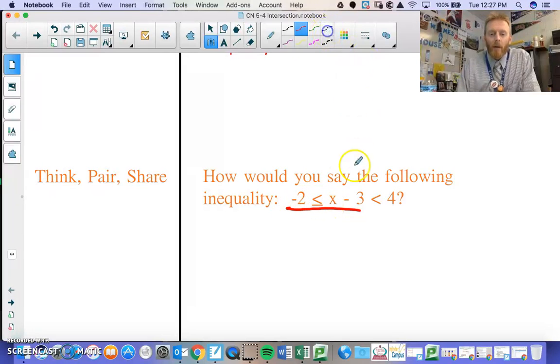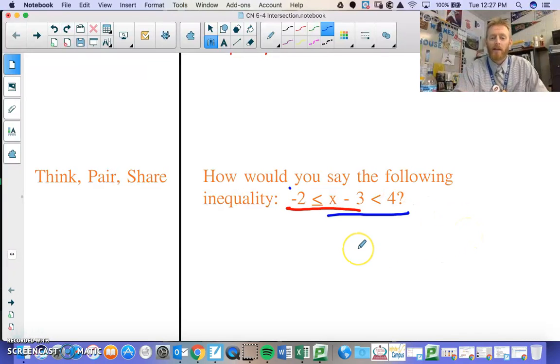And then the other way you could look at it, in blue I'll underline this one, is you'll read it from this part, so it's like covering up that part of the problem. And it'll say x minus 3 is less than 4. So we have two different problems that we're really solving, but we're putting them together in one specific problem. And this is an intersection, an "and."